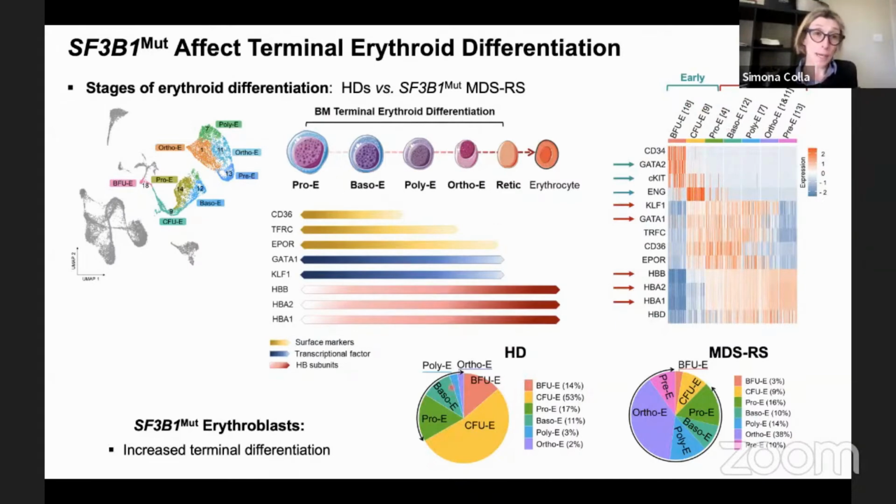And looking at the comparison, so we compared the healthy donor with the MDS sample, we were finally able to show that the MDS sample has a huge increase of orthochromatic erythroid cells at the expense of early hematopoiesis, the more primitive hematopoiesis. In other words, all the cells were orthochromatic cells in the bone marrow of MDS-RS.